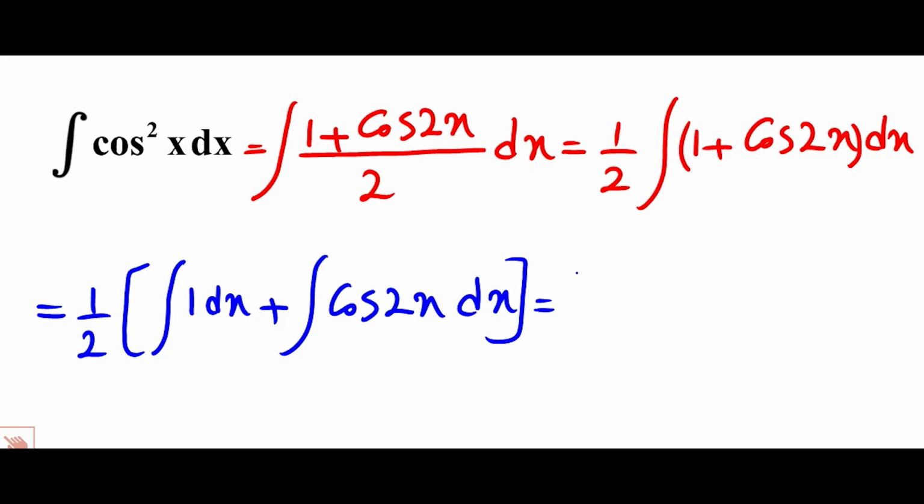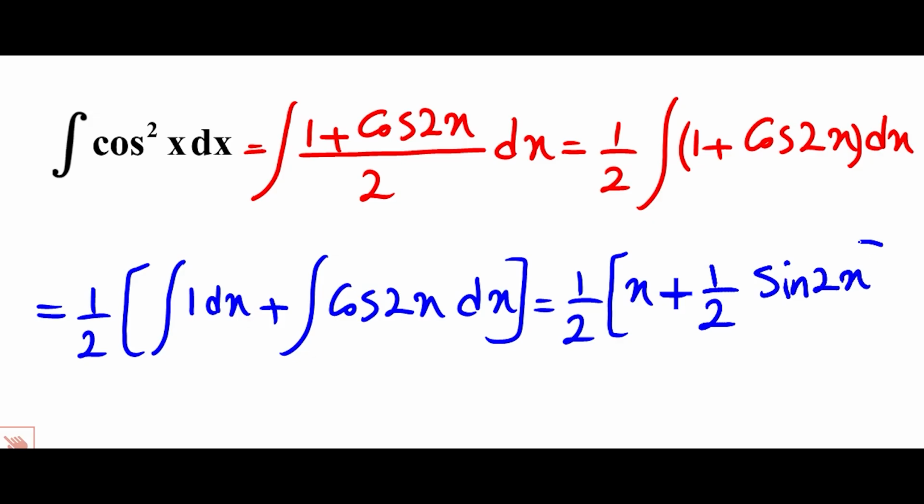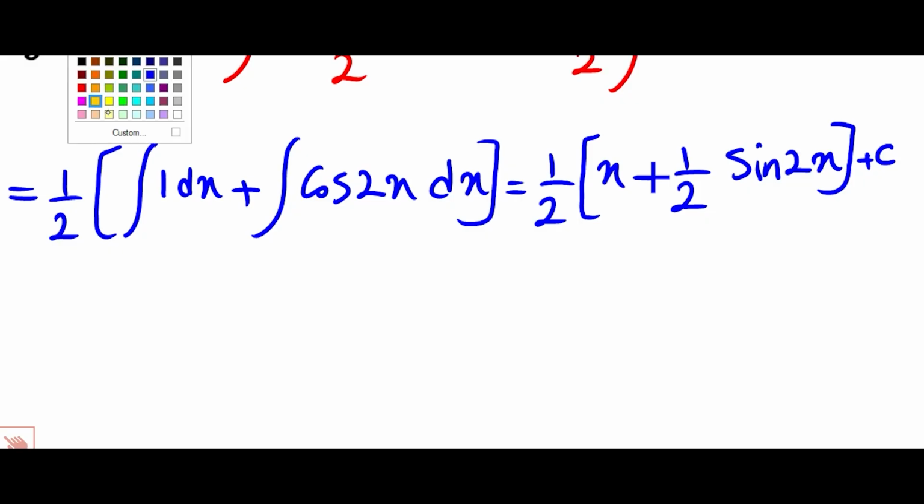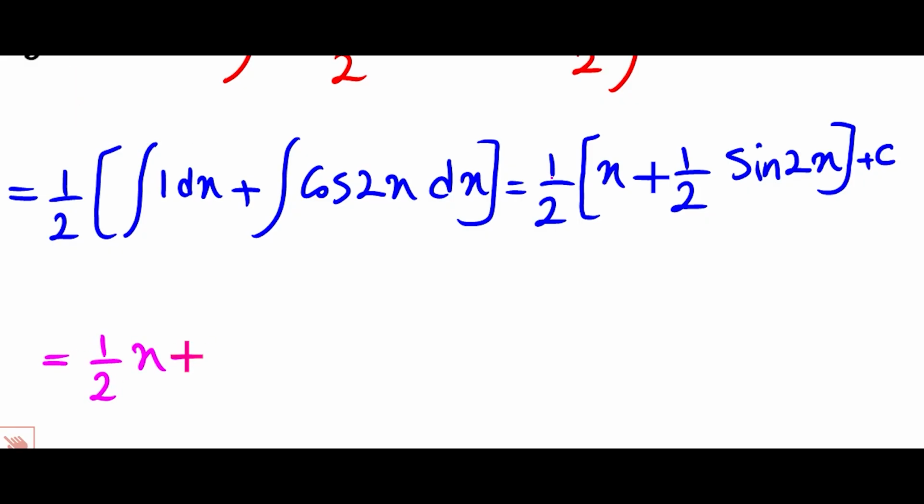And finally, the integral of 1 dx is x, plus the integral of cosine 2x, which equals 1/2 sine of 2x, plus c. So we have 1/2 x plus 1/2 times 1/2, which equals 1/4 sine of 2x plus c.